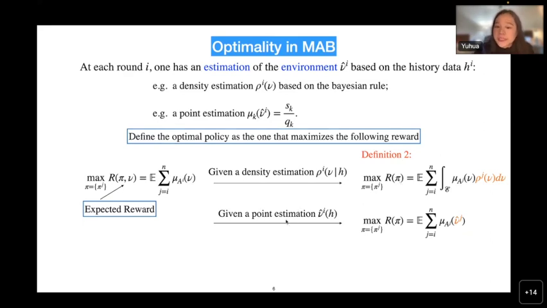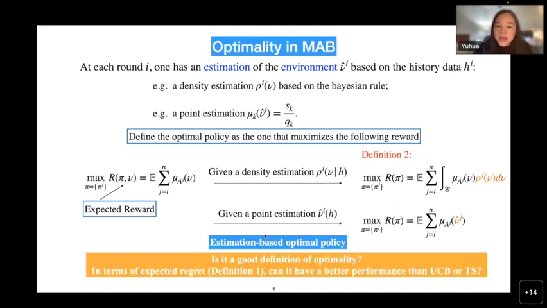Similarly, for the point estimation, we can replace the environment mu by the point estimation mu hat. The optimal policy based on this definition, we call the estimation-based optimal policy. Now we have two definitions of optimality. Is this estimation-based optimal policy a good definition of optimality?